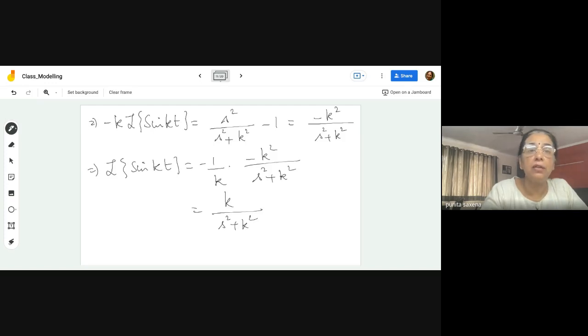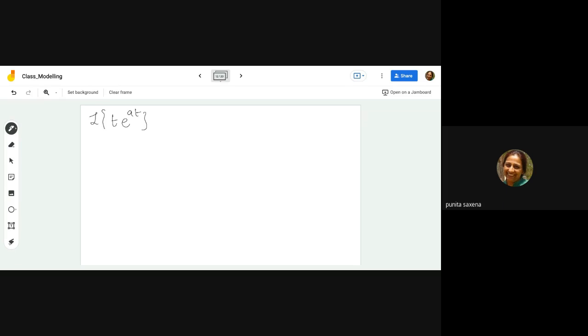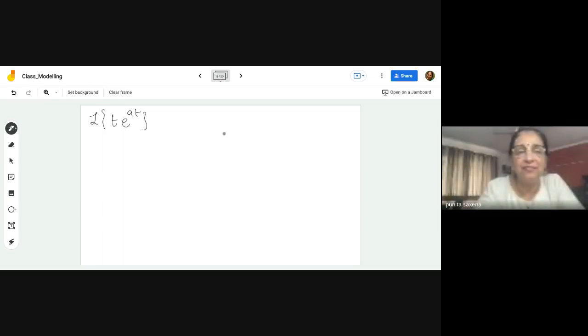We just now derived the Laplace transform of t e to the power at, right? Now, question number 27 says... again, see, these problems are using theorem 1, right?